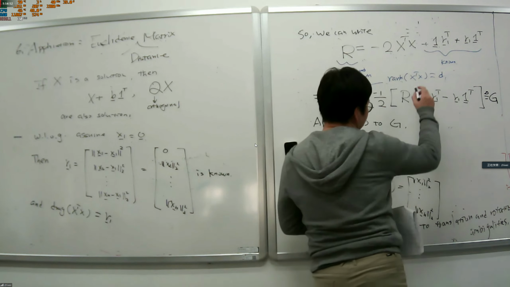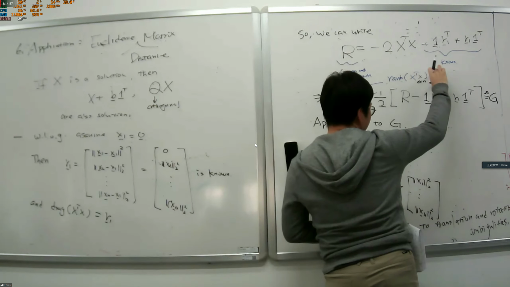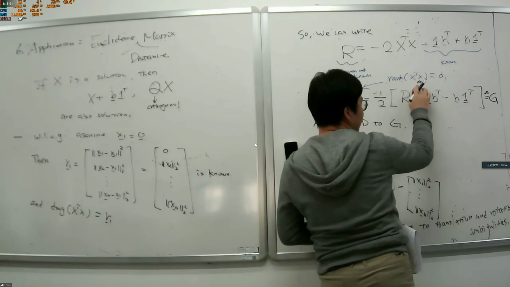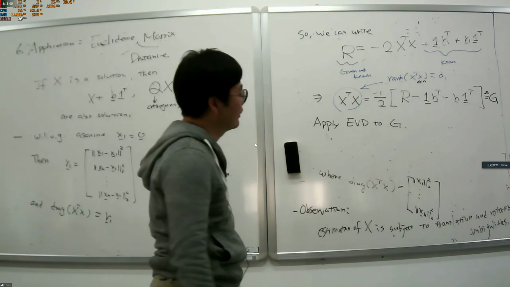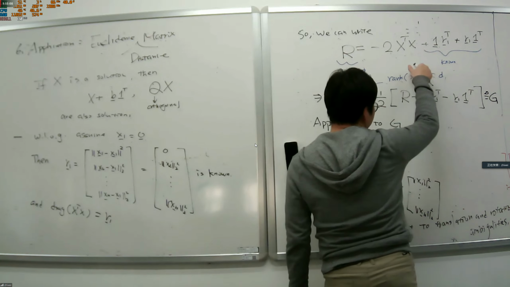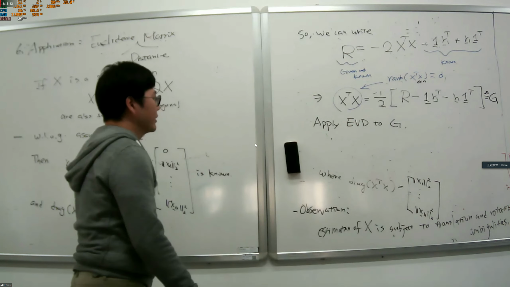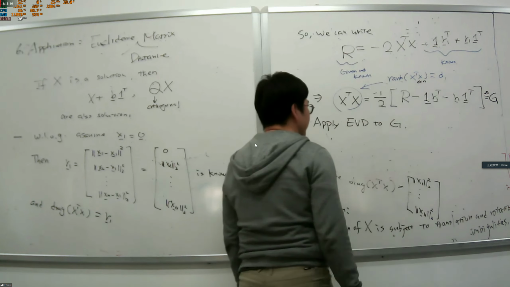Because each x is d by n with full rank, and in general n is larger than d, for example d is 3 in a 3D coordinate. So its range space is that of x transpose, and its rank is d. So you apply EVD to G.